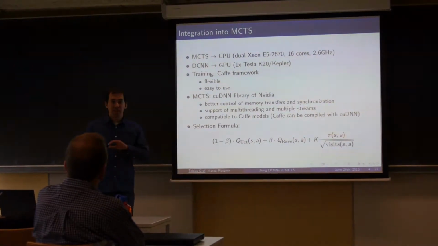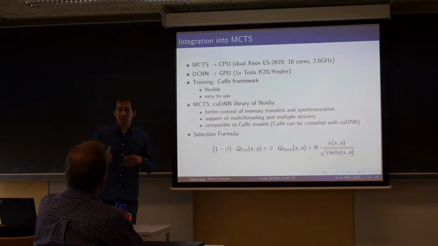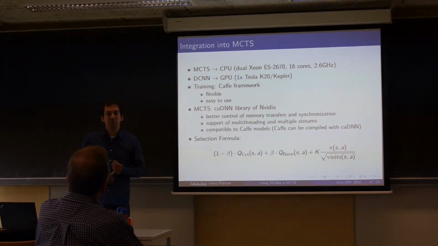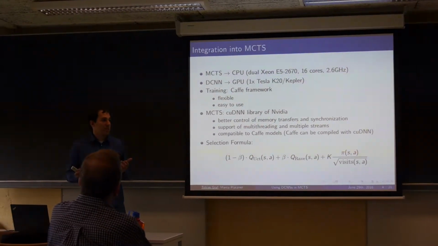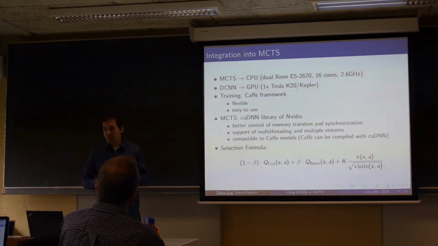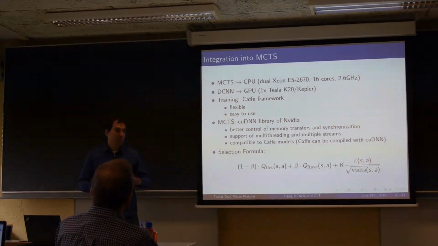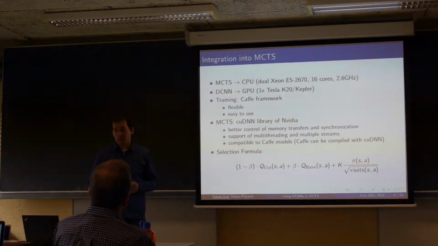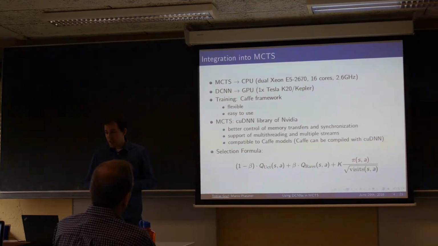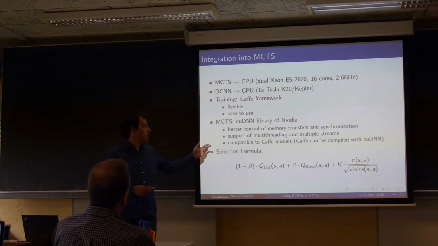While we only send one board, a batch size of one, to the GPU, we can't fully make use of all its parallel capacity. But if you have multiple streams and multiple threads pushing work to the GPU, then the GPU can be better utilized.